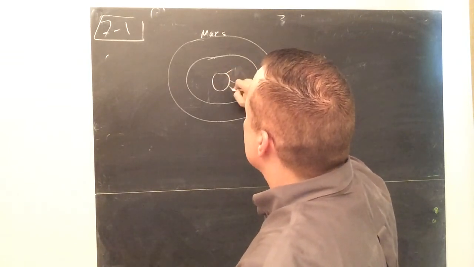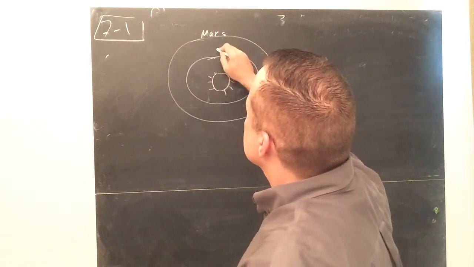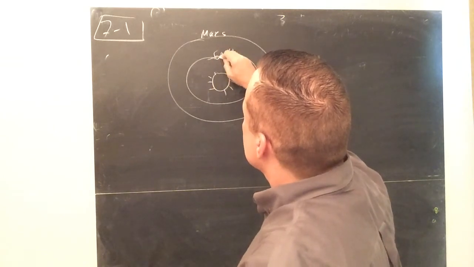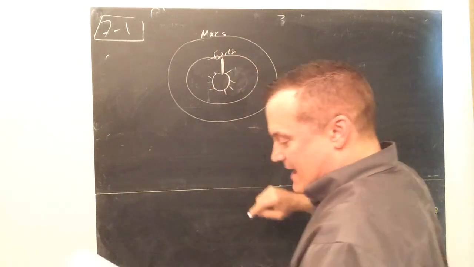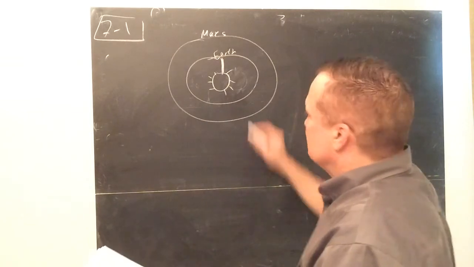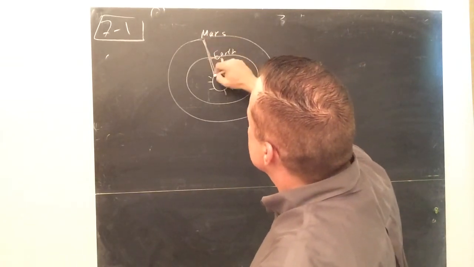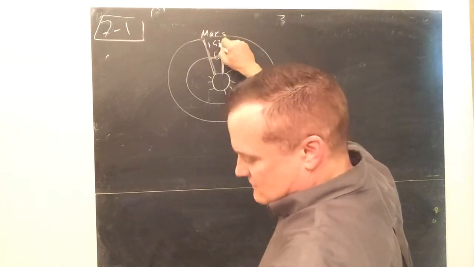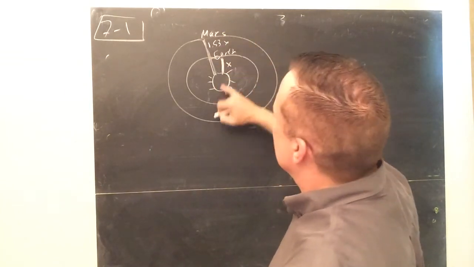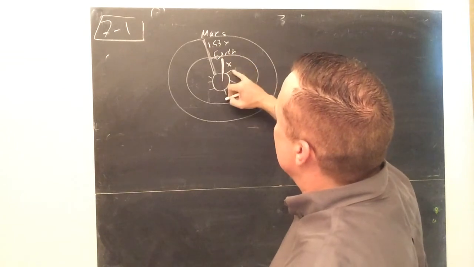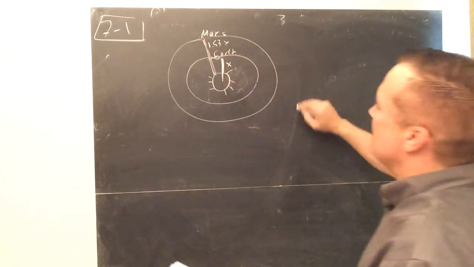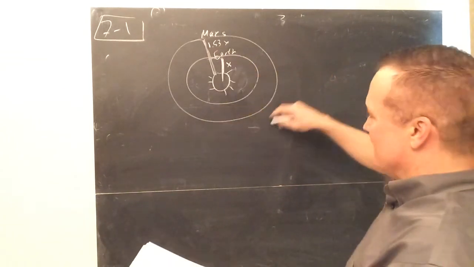Even though it's not a perfect circle, you can treat them like a circle. So from Earth to the sun, we'll call that x. And from Mars to the sun, we'll say is 1.53x.